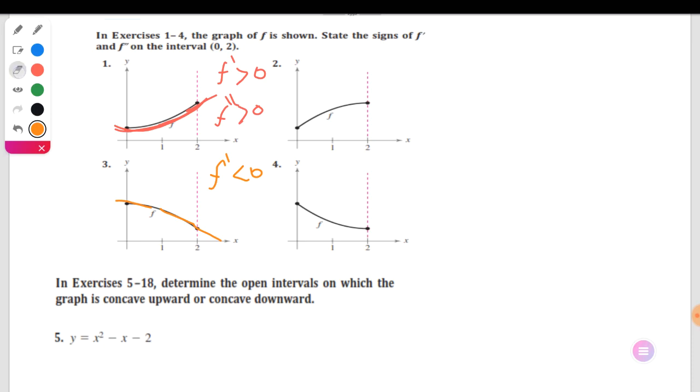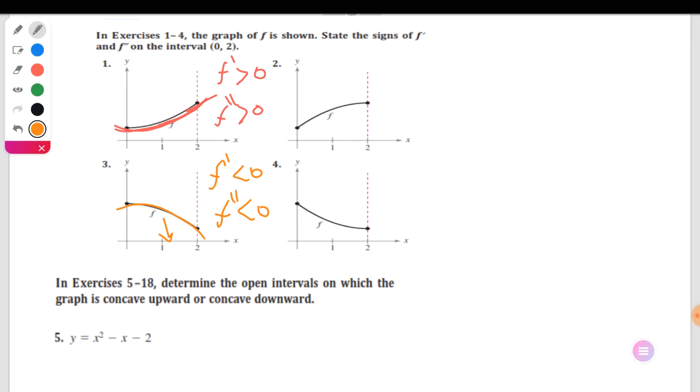And as you see here, the curve of the function is concave downward. So the second derivative is less than 0, because there is a relationship between the concavity and the second derivative. If the second derivative is negative, concave downward. If the second derivative is positive, concave upward.